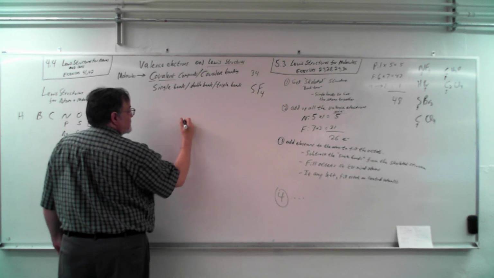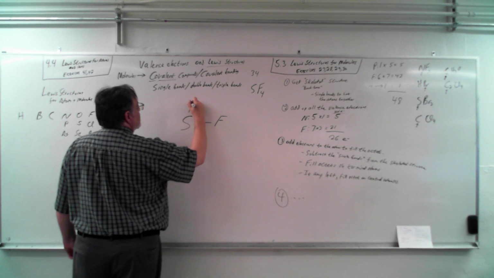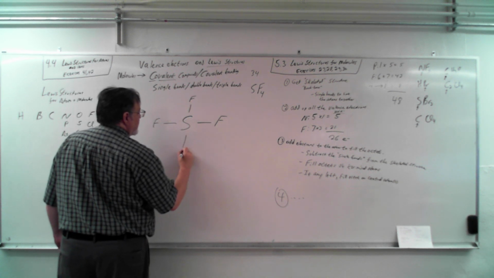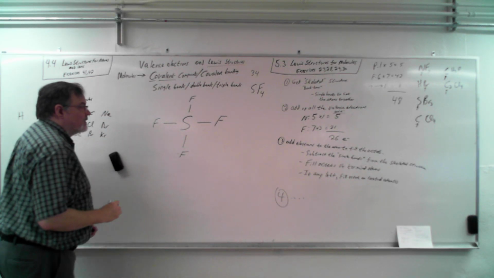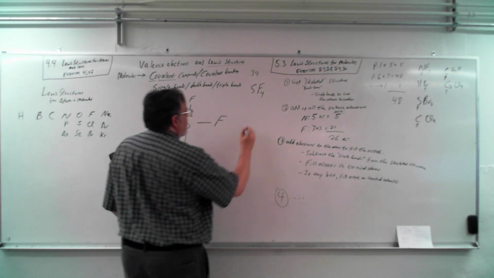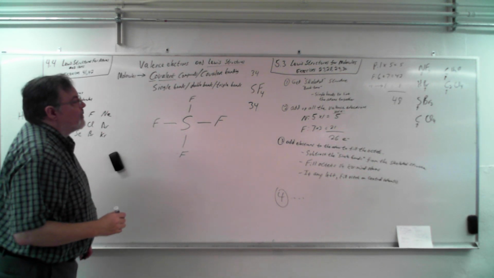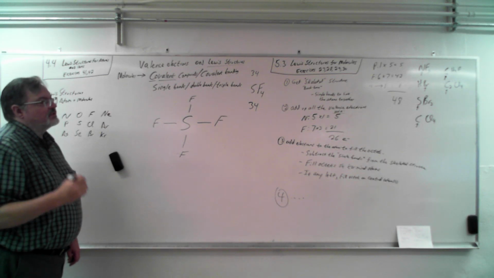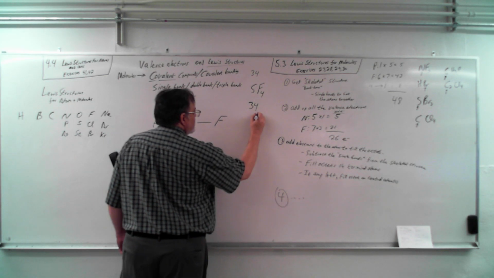So you just do this. There's your backbone. All right. 34 electrons. 4 times 7 is 28. Plus 6, that's 34. 2, 4, 6, 8 we've already used.